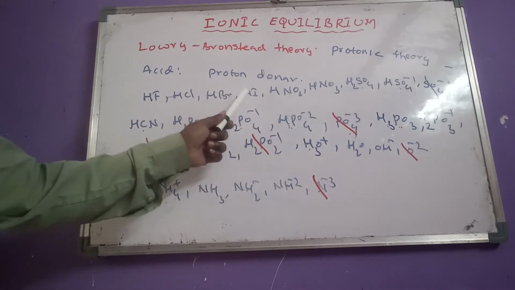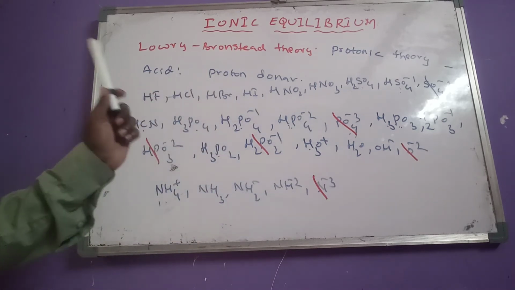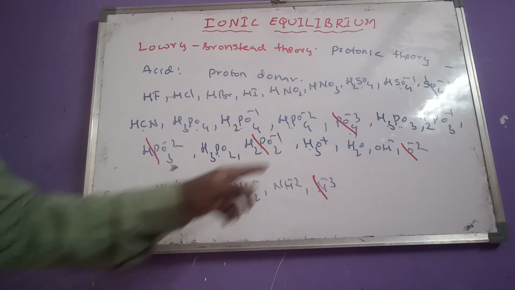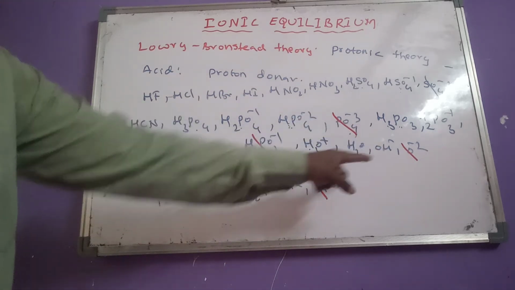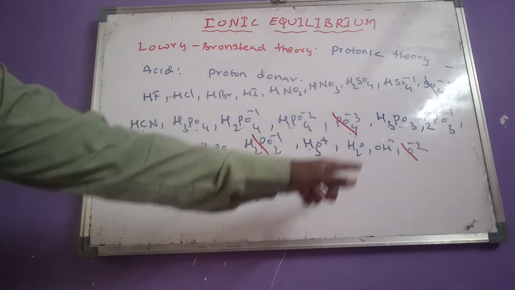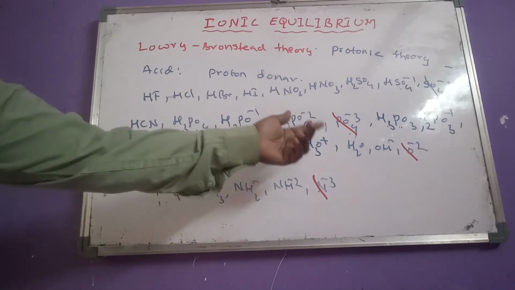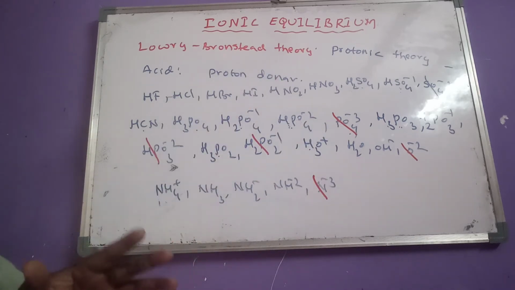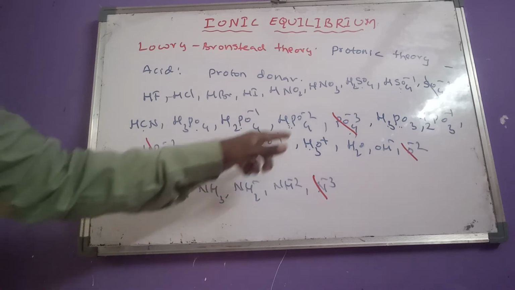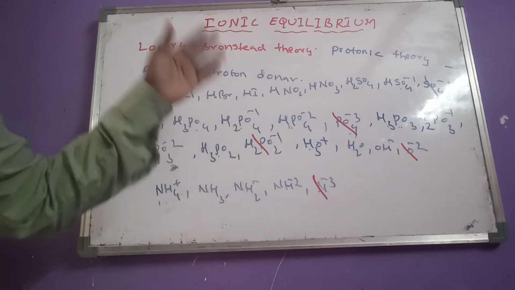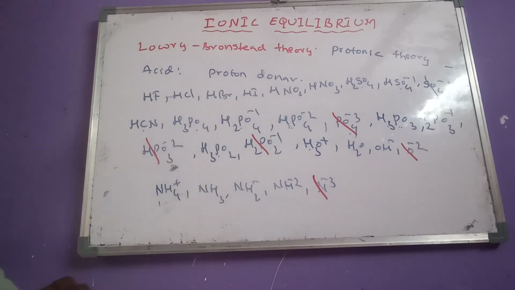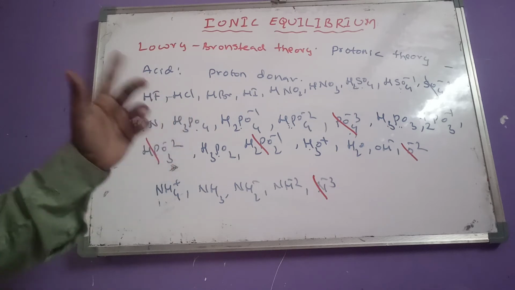So a proton donor is known as an acid. We have to remember that some species can't act as acids because of the absence of H plus ions, and we will observe this again in the case of bases also. We have to note that down at that time.